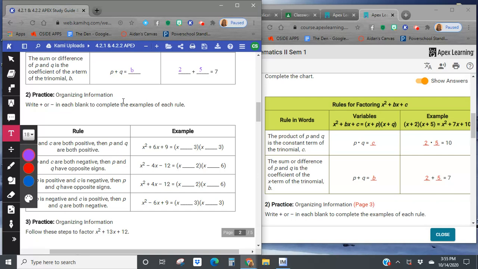Next, we're going to write plus or minus for each of the factors to see what would effectively give me the correct trinomial. So for example, 3 times 3 equals 9. We're trying to decide on the signs.